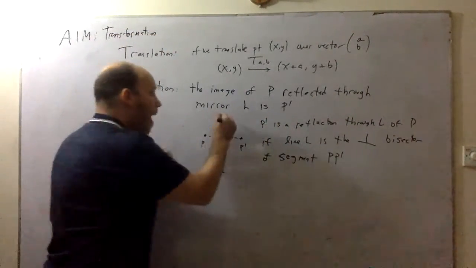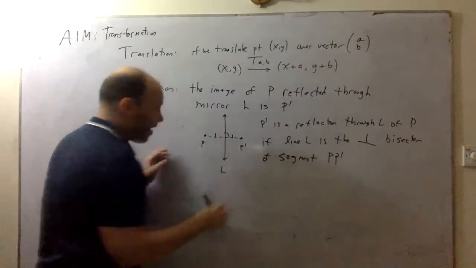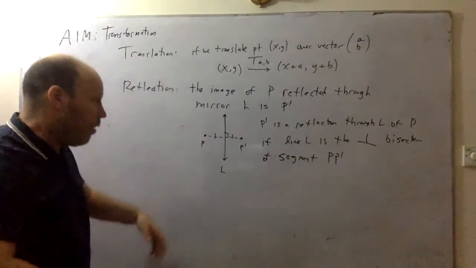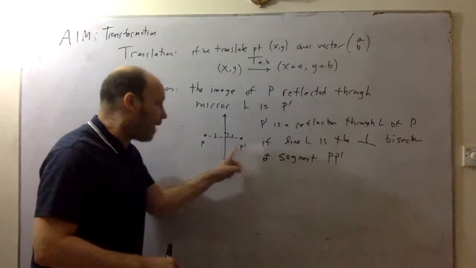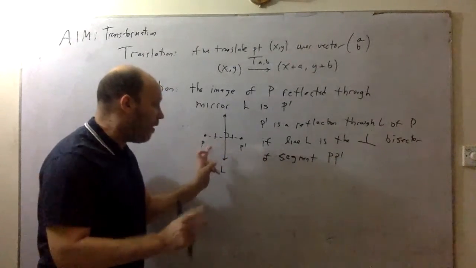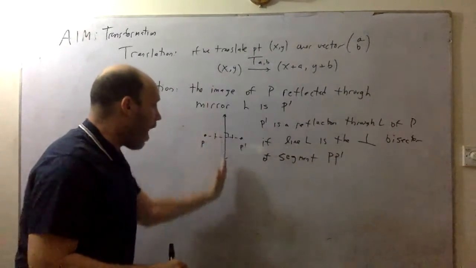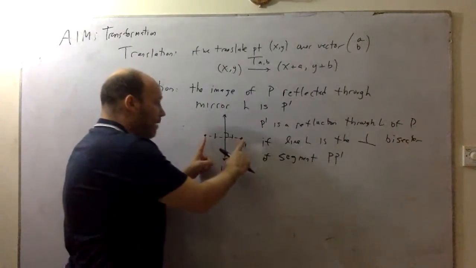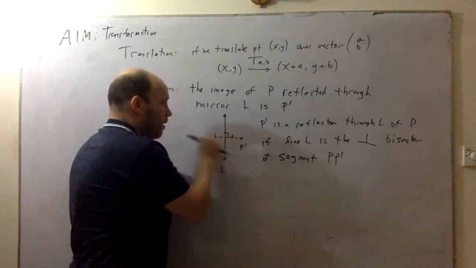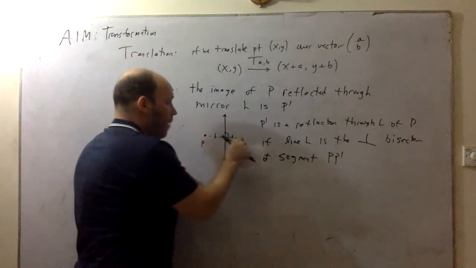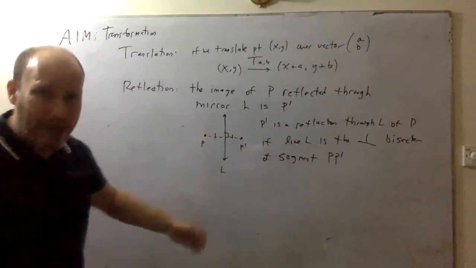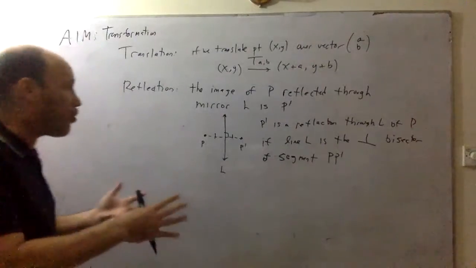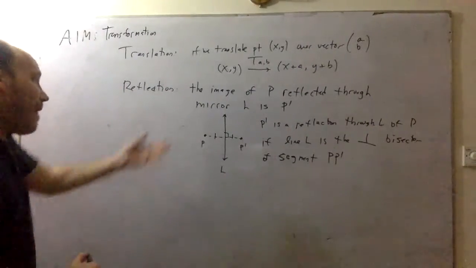Well, mathematically, I'll repeat it again because I say things over and over again. A point has been reflected through a mirror if the mirror, the line or the segment, is the perpendicular bisector of the segment joining the point and its image. That's the mathematical definition of reflection. And that's the lesson.